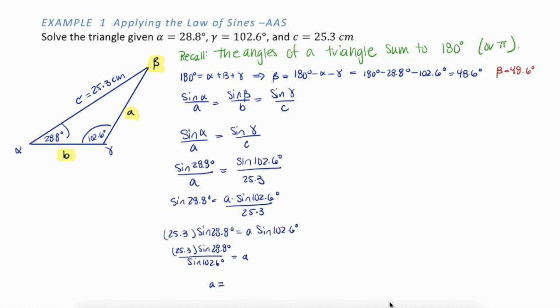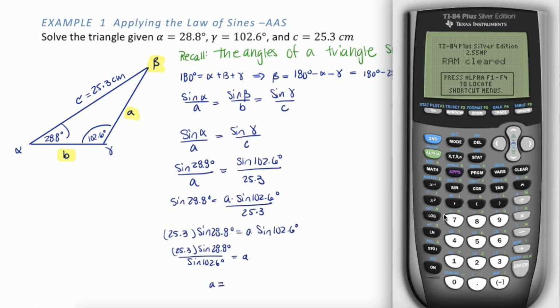So pull out your graphing calculator. Here's my graphing calculator. The first thing I need to do is check my mode. And sure enough, I'm in radian mode, so let's go ahead and switch that to degree mode.